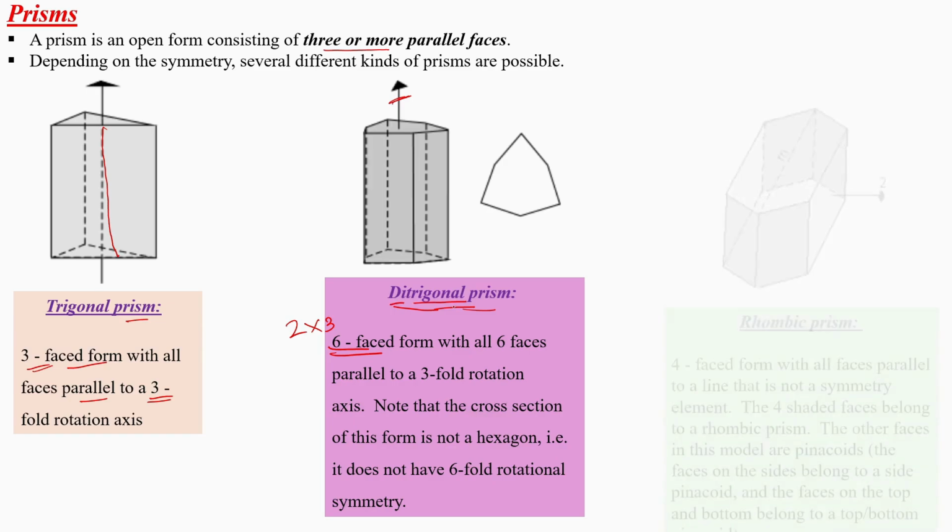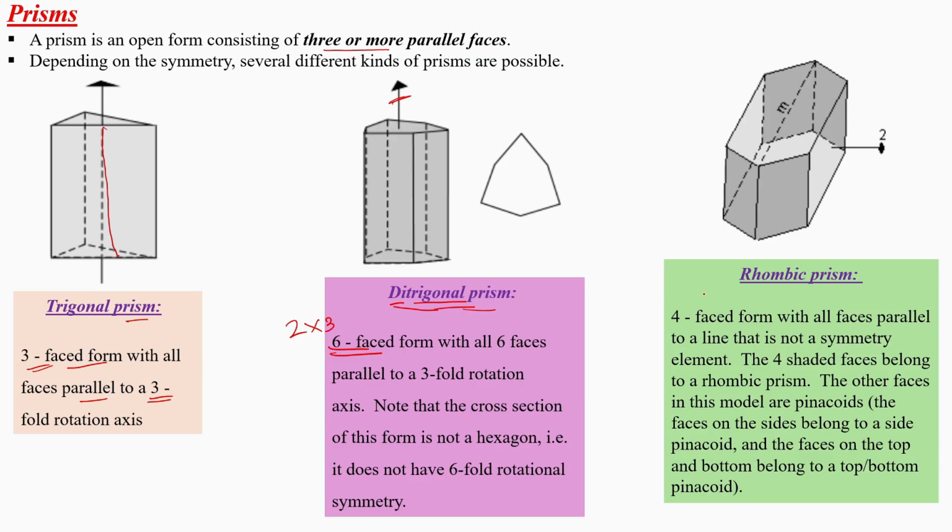And there is another four-face form. It's called the rhombic prism. All are parallel; that is a major criterion to name a prism. And here you can see these shaded faces are parallel to this two-fold axis.